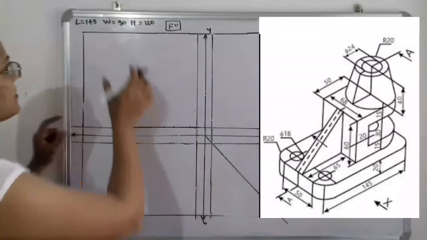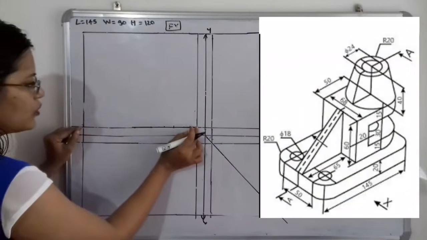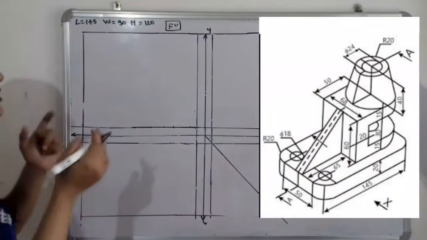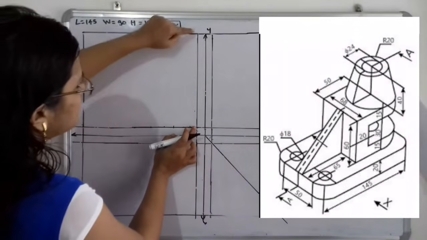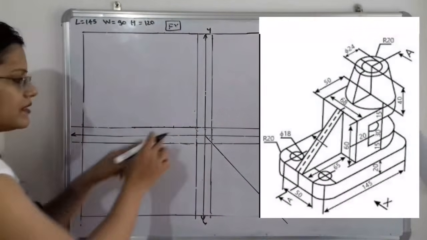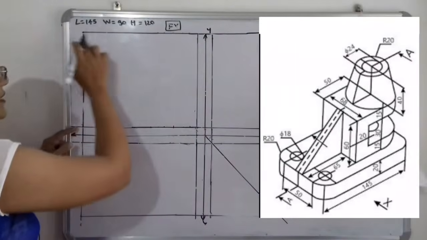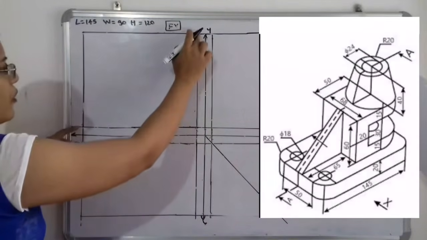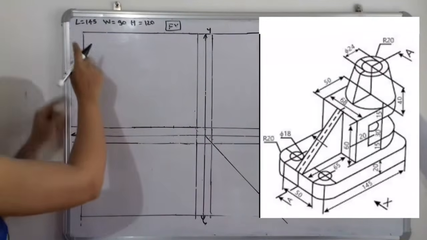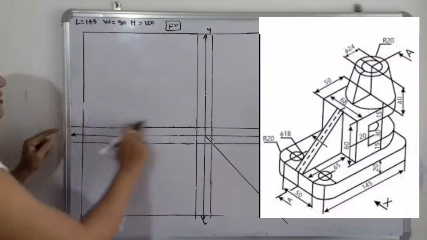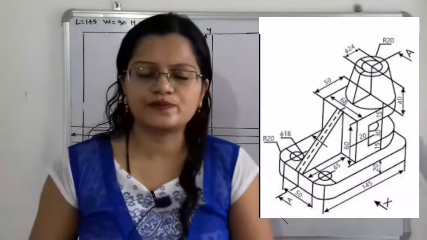Now take the distance 145 millimeter. So here is 145 millimeter. Then we have to consider the height. The height is 120, so take this distance 120 millimeter and then project these lines. From these points we will draw a vertical line and a horizontal line. Here is the point of intersection. So this is the outline of the front view.